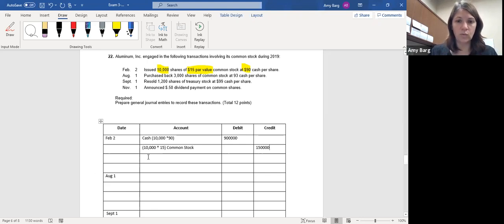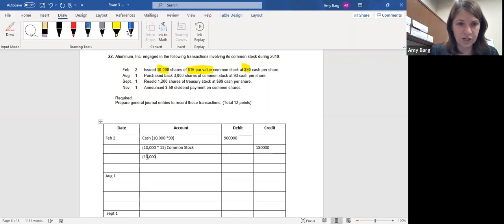So 900,000 and 150,000, those don't match. They need to, right? So the difference between the 90 and the 15 is going to go to an account that we're going to call APIC, additional paid in capital. And so it's a plug. You could just subtract the 150,000 from the 900,000, or you could subtract the 15 from the 90 and say, okay, well, that's 75.